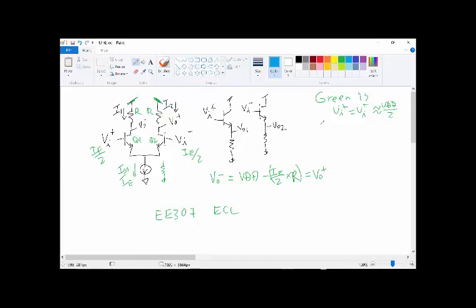Okay, so let's change colors here. Let's say VI plus, you raise it, so you add some delta V. Let's keep VI minus constant. VI minus is what it was before, no change.